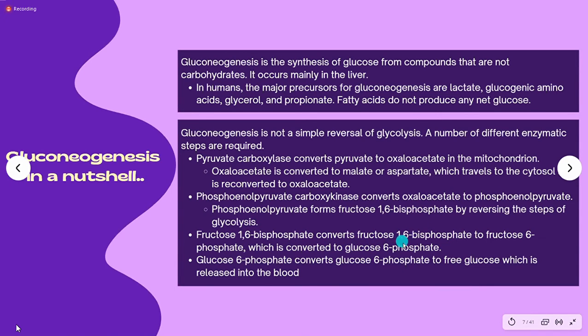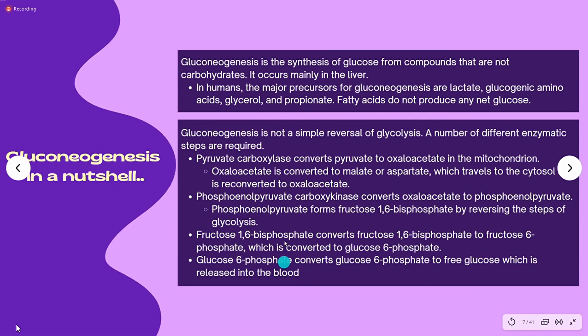Fructose 1,6-biphosphatase converts fructose 1,6-biphosphate to fructose 6-phosphate, converted to glucose 6-phosphate. Okay, this is a phosphatase. Glucose 6-phosphatase converts glucose 6-phosphate to free glucose, which is released into the blood.